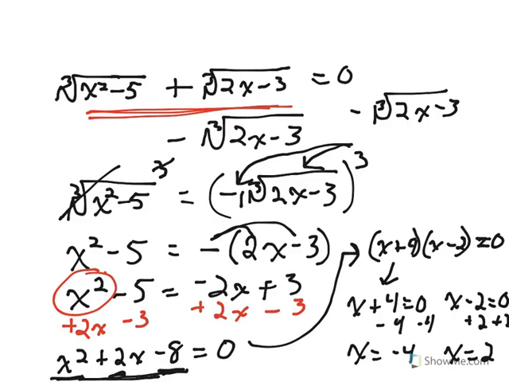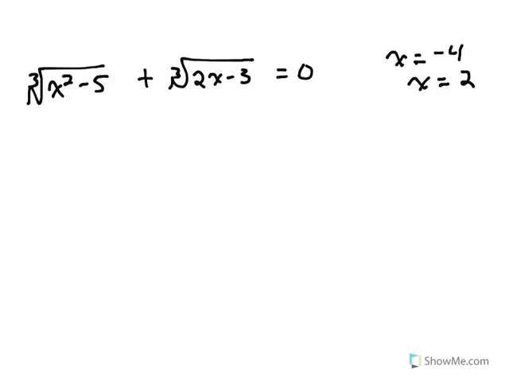Now remember to plug your answers one at a time back into the original equation and solve to make sure that they both work. So the original equation was cube root of x squared minus 5 plus cube root of 2x minus 3 equals 0.